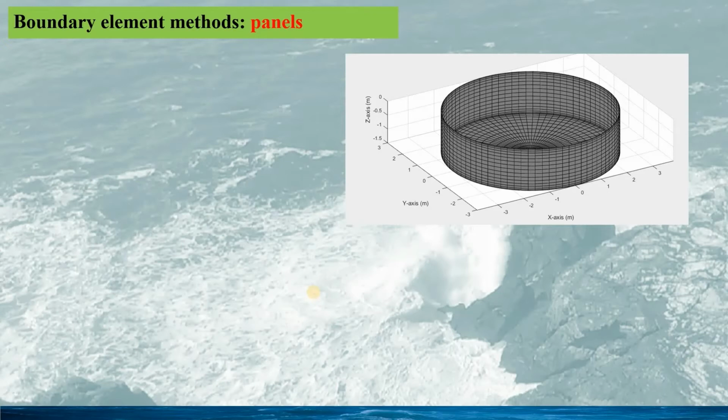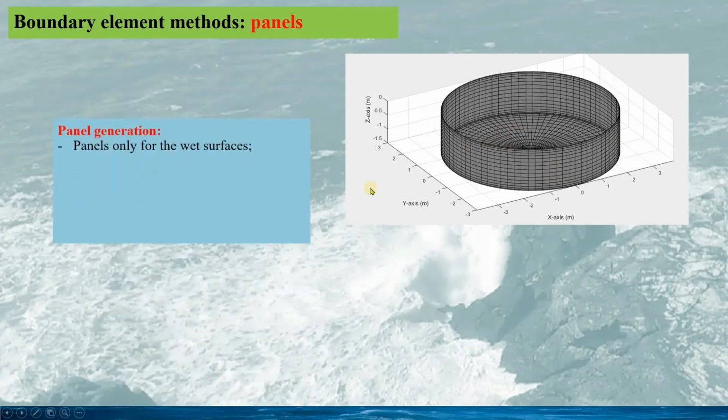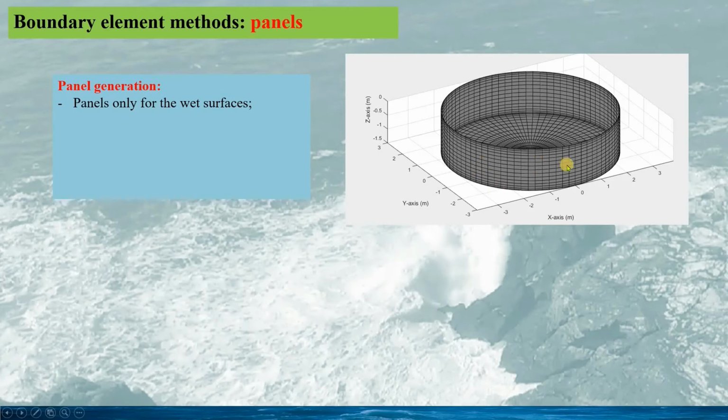For using BEM to study the hydrodynamics of the float, the first step is the panel generation. See this plot, the wet part of the truncated circular cylinder, and the panels can be seen in this plot clearly. In the definition of the panels, their normal vectors point out of the body.